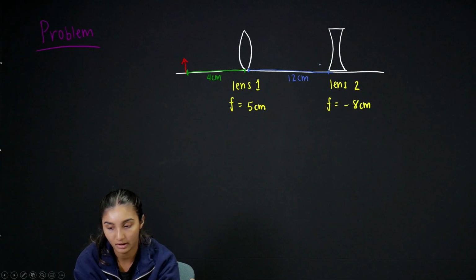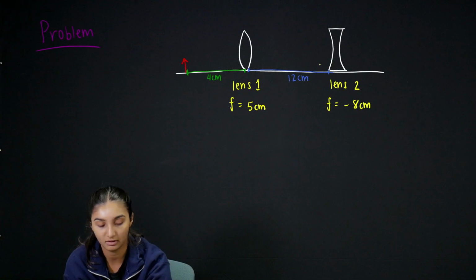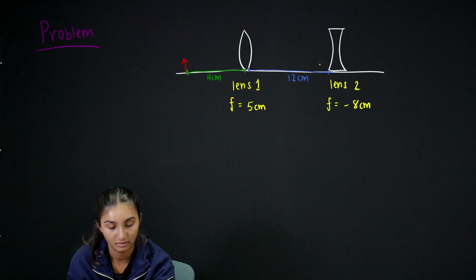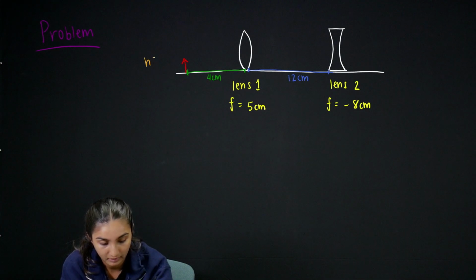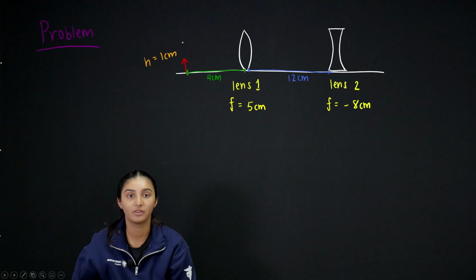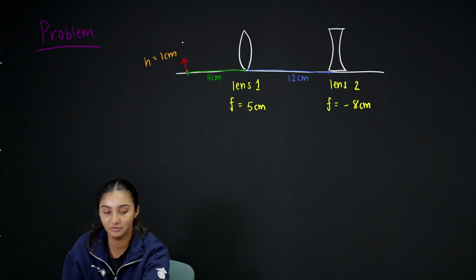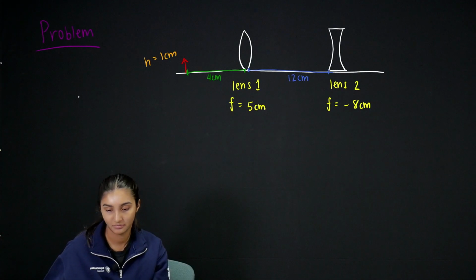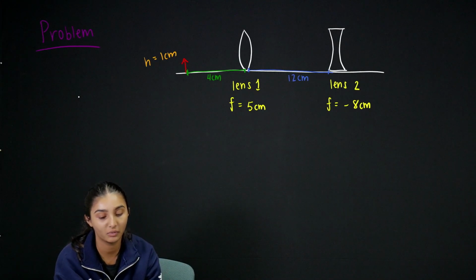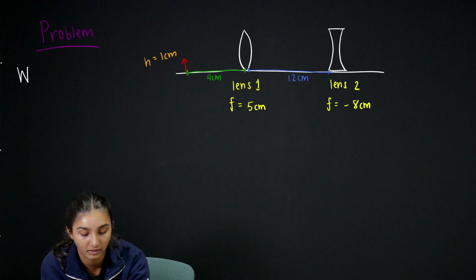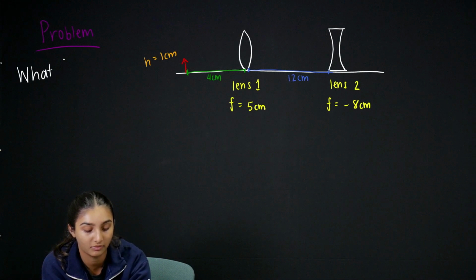And one thing to know is that our object height is 1 centimeter. Okay, so that is a lot of information that we have. So the question that we are answering is, what is the distance of the final image?